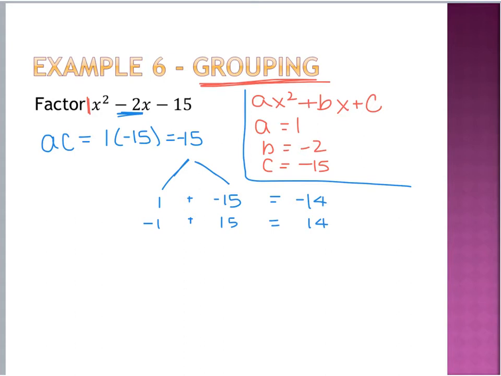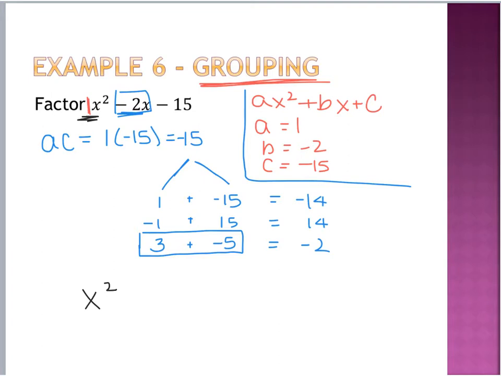Then I could say, well, I have a positive 3 and a negative 5. When I add these two together, this gives me a negative 2, and I want a negative 2. So that tells me I can now create a couple of groups. With my groups, I'm going to start with the very first term I was given, which is x squared.